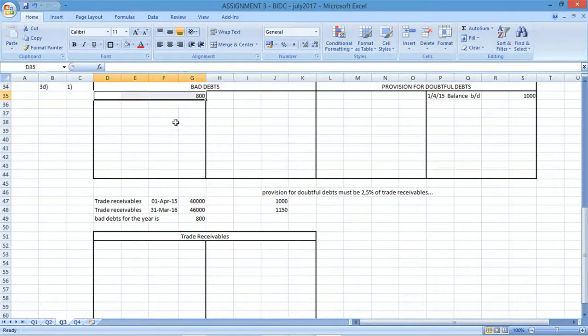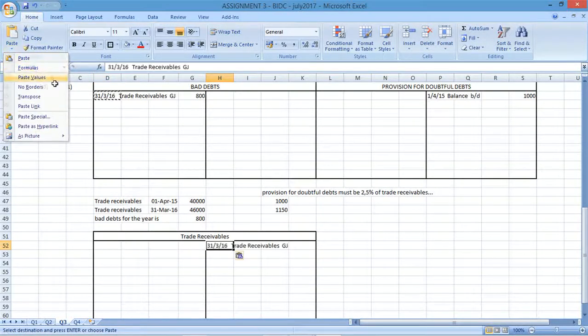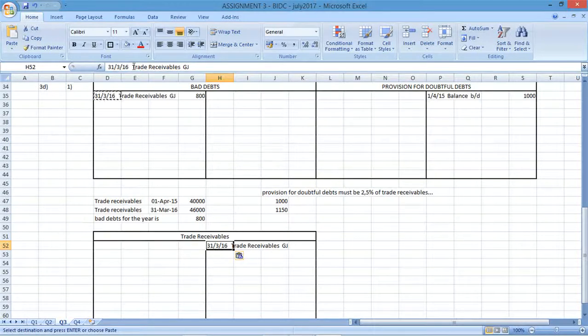So bad debt, you can write off to the trade receivables. So for the year, I'll use the end of the year, 31st of March 2016, and I would have shown trade receivables here, general journal, writing off bad debt, and then I'll show bad debts here.